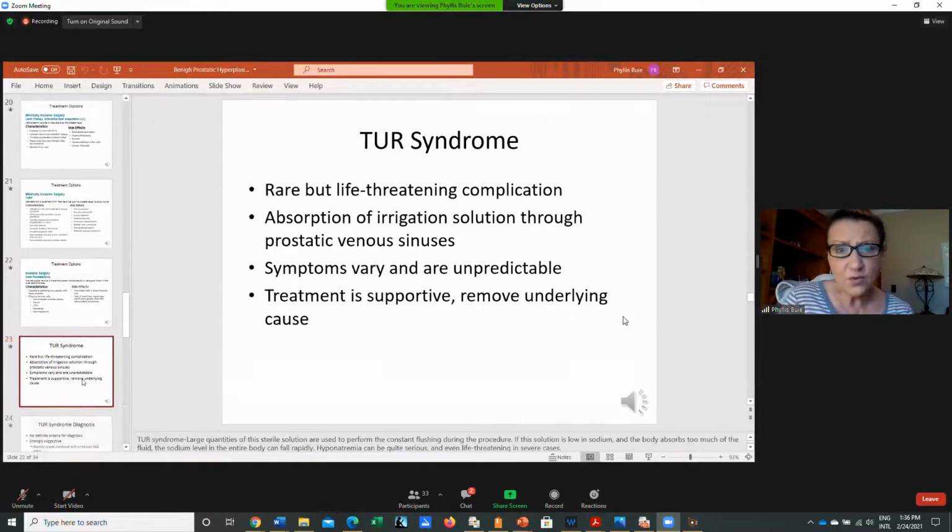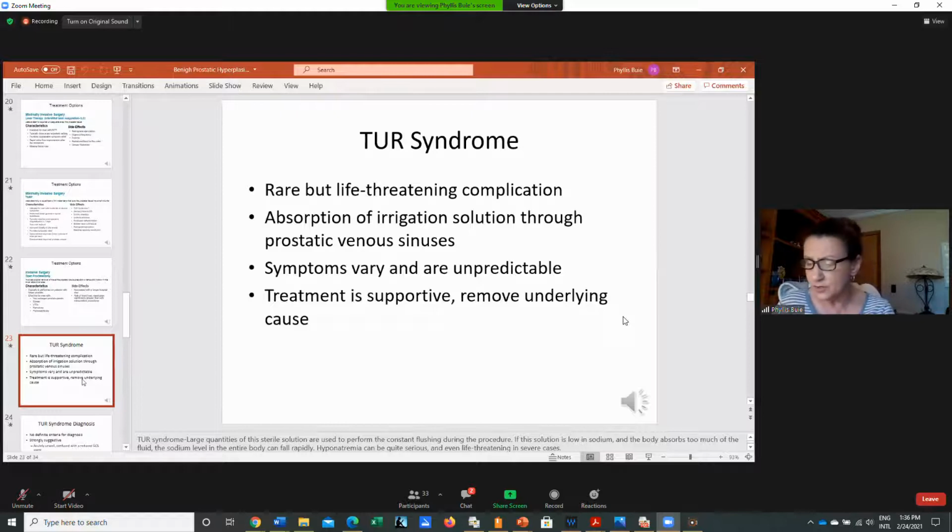Now, the TUR syndrome is a syndrome that I want to make sure that you know about. You won't see it that often, but I do want to make sure that you know about it. It's typically associated with the TURP. And basically what happens is when the TURP is being done, there's a large amount of solution that's very similar to water that is used for irrigation.